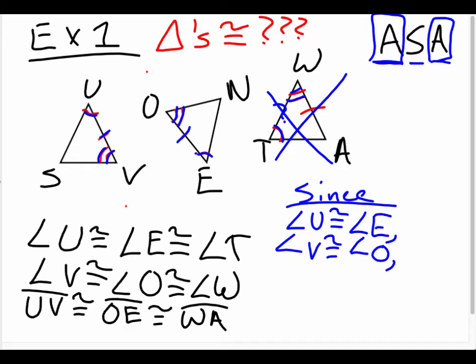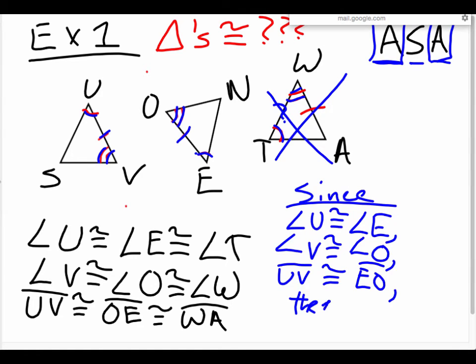And then I might even word it like this: line segment UV is congruent to EO, then triangle, why is that so messy down there?